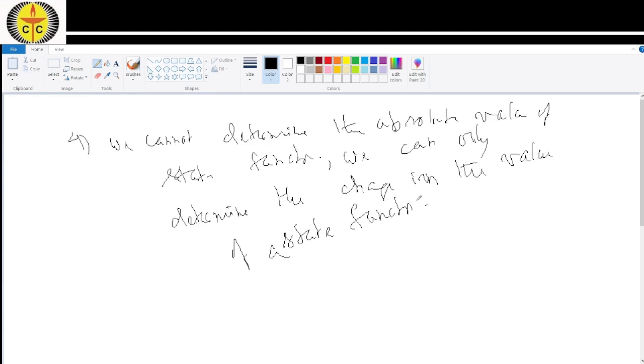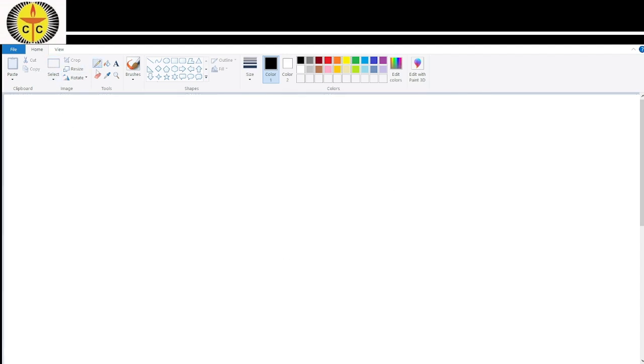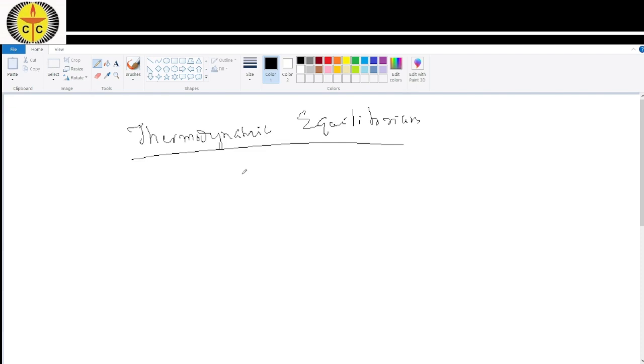Next we'll look at thermodynamic equilibrium. What is thermodynamic equilibrium?